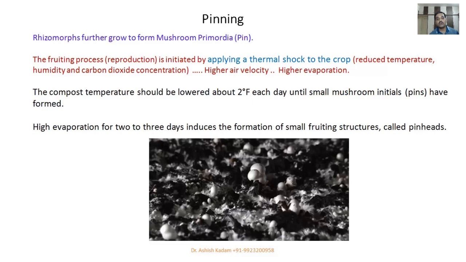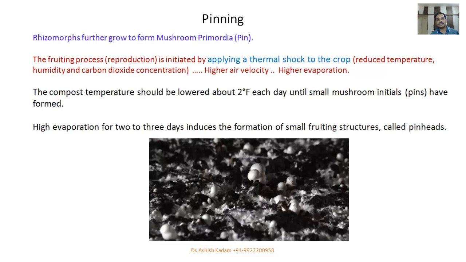So here you have to ensure that the air velocity is very high and the evaporation is very high, because if water is getting deposited on the pins, then there is an accumulation and a bacterial problem for the pins.